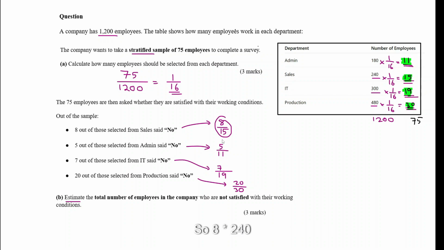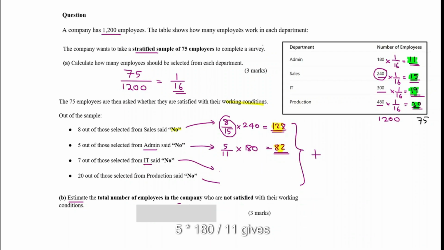So 8 times 240 divided by 15, and you get 128. What about the admin people? There were 180. So 5 multiplied by 180 divided by 11 gives 81.81, so let's call it 82 because it's a number of people.